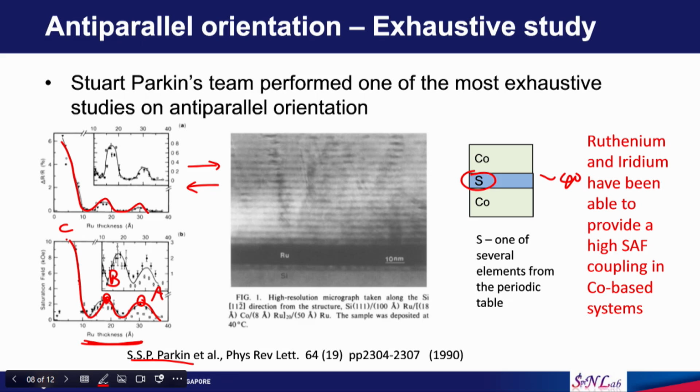However, if you look at points D and E, the two ferromagnetic layers have the same magnetization direction. So, synthetic antiferromagnetism is observed only at certain thicknesses. At thickness A, you observe this, at B and C you observe this, and at D and E you do not observe it.